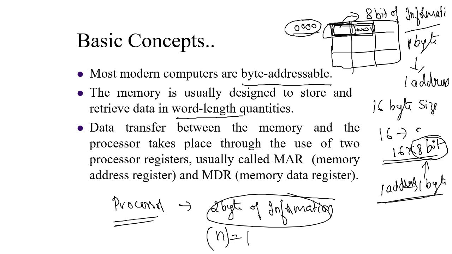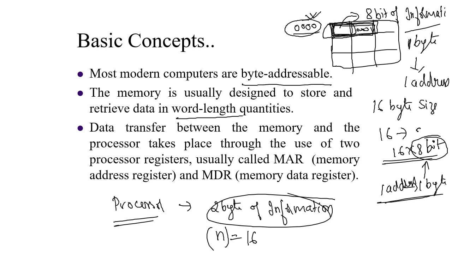When n is 16 bits, then the processor will initiate the transfer by the first address 0000. Then automatically the data present in 2 locations will be transferred to the processor.